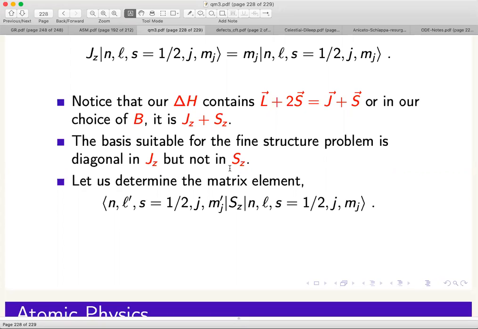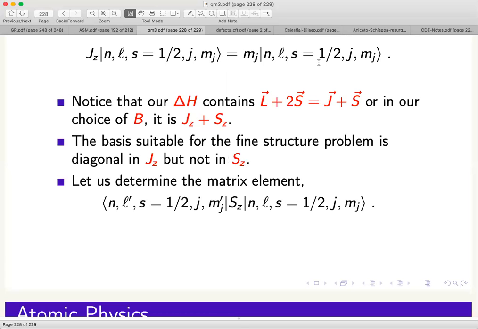Because they commute, and Sz also commutes with L squared, it is not going to change the value of L, it is not going to change the value of J, and it is not going to change the value of MJ either. So you might as well compute the value of Sz in this basis.